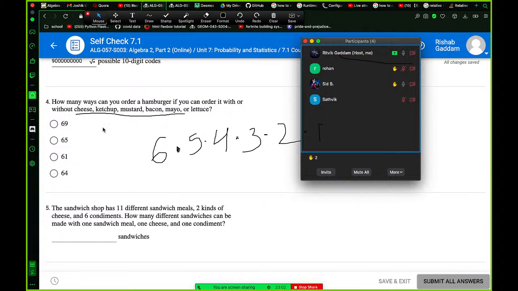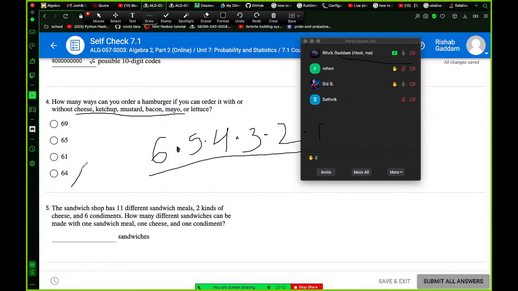This is not correct because of what Rohan said and what Satvik said. Basically, this answer is just way too big for these multiple choices, which is what Satvik said, and Rohan said that since there's 2 choices for each of these, it's going to be 2 times 2 times 2 times 2 for each of these, so that's 2 to the power of 6.